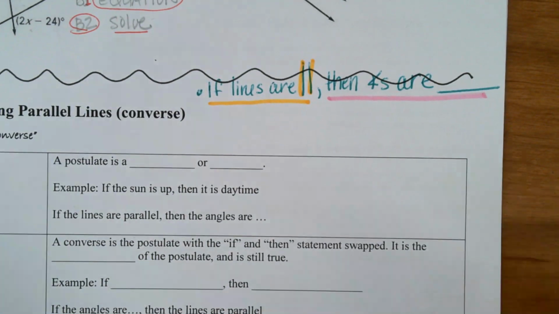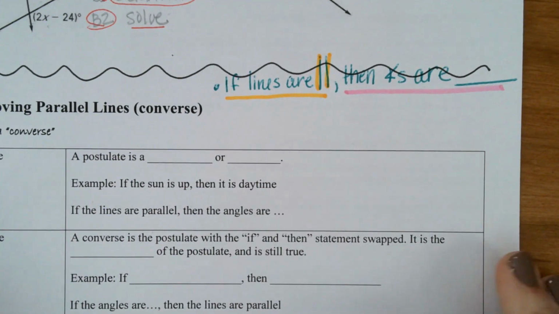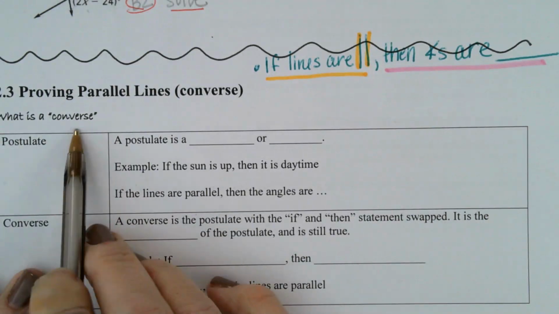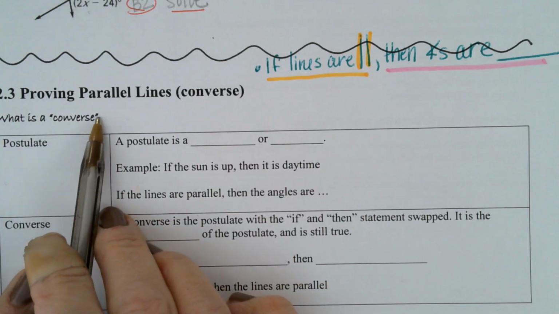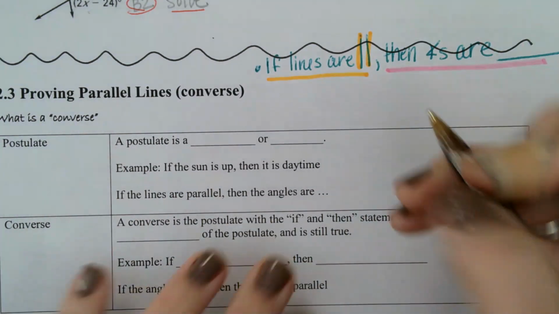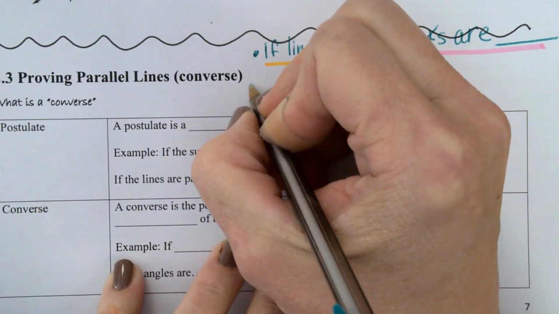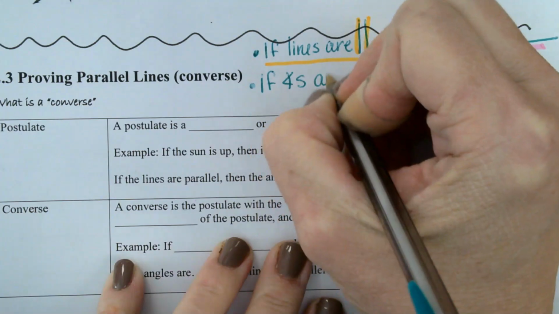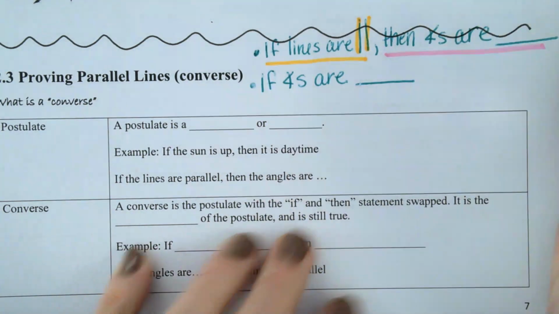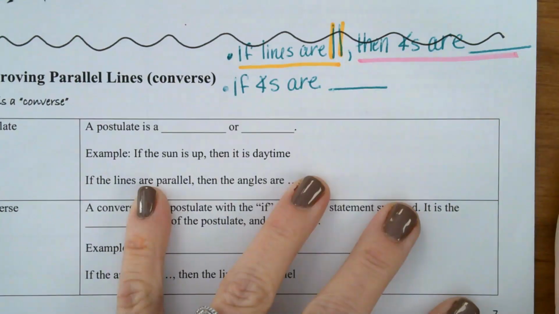Now, we need to be able to go backwards. And going backwards is called the converse. Kind of like reverse, right? But they call it converse. So, if angles are blank, we would have to state their relationship.